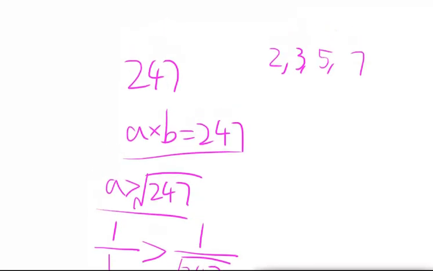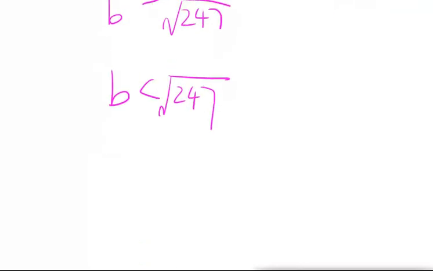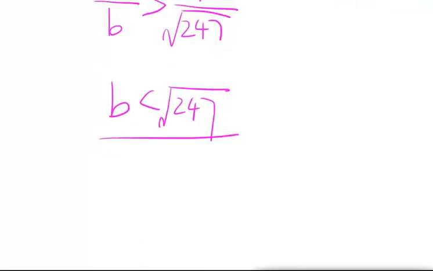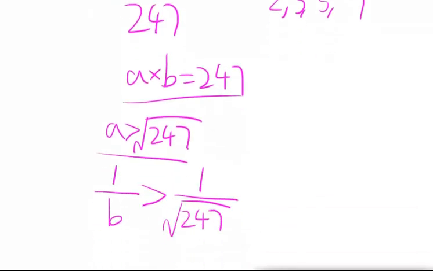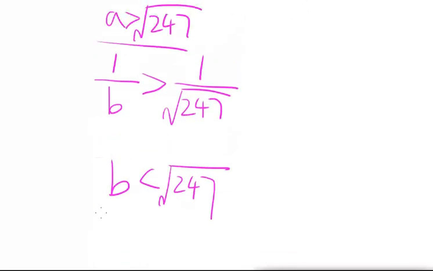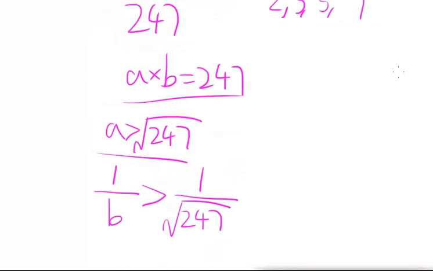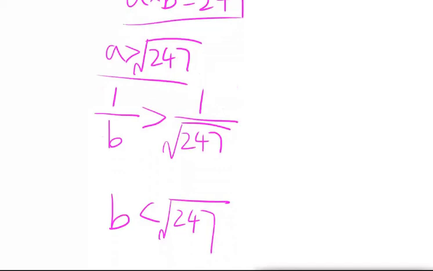And so we would have tested B before A. So we don't even need to test A because when we test B, we already know it's a composite.